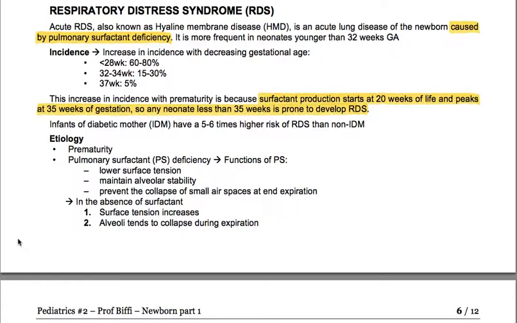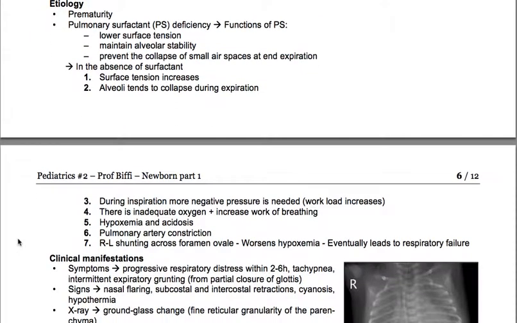The alveoli tend to collapse during expiration. During inspiration, more negative pressure is needed, the workload increases, there is inadequate oxygen plus increased work of breathing. Hypoxemia and acidosis, pulmonary artery constriction, right-to-left shunting across foramen ovale, which worsens hypoxemia and eventually leads to respiratory failure.